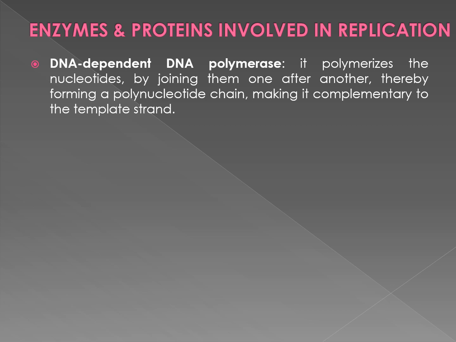It first reads the template and then brings the complementary bases and adds them to the 3' end. One disadvantage of this enzyme is that it cannot add nucleotides from zero, from the beginning. It always needs an existing 3' end to join the nucleotides, so it actually cannot start the process.